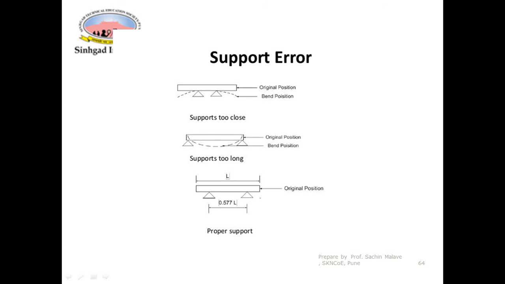The distance between the two supports is very high. That's why the bar will bend in this fashion. So we don't want both conditions. The ideal condition is this one. So maintain the distance between the two supports, and it will remove this support error.